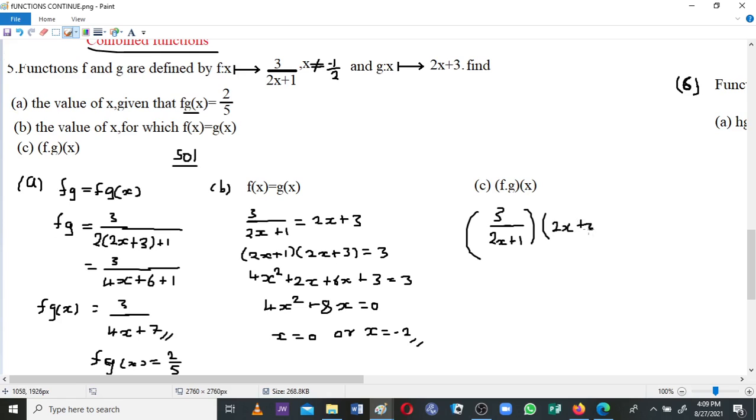Now if you multiply your functions, what you are going to get is just 6x plus 9 over 2x plus 1.